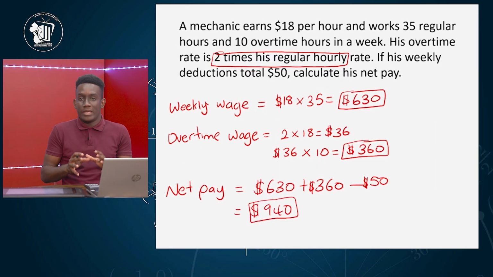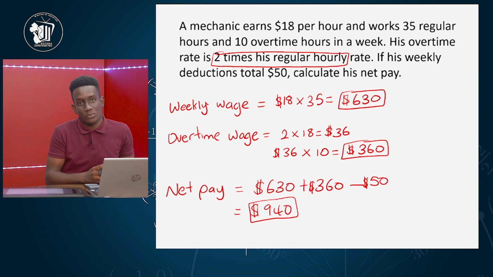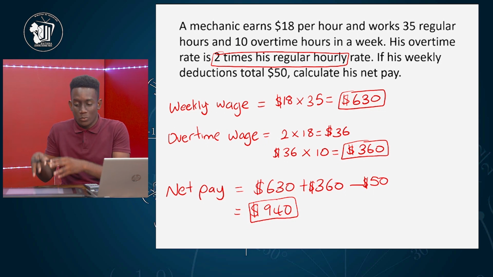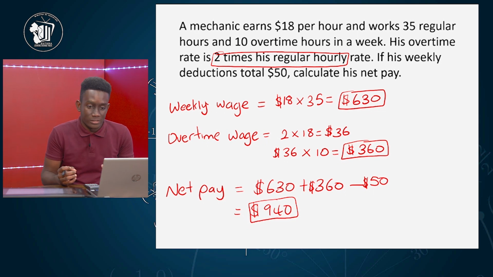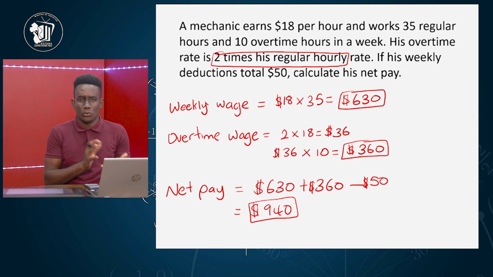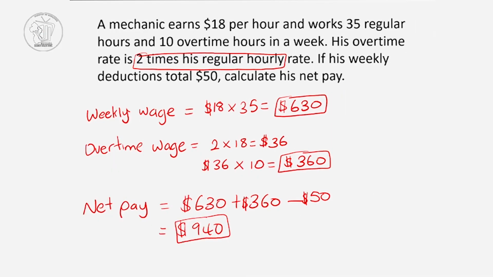So his net pay after we total up his overtime wage plus his weekly wage, and then we subtract the deduction, would be $940. And that is how we calculate net wage, taking into consideration overtime, weekly wage, and deductions.